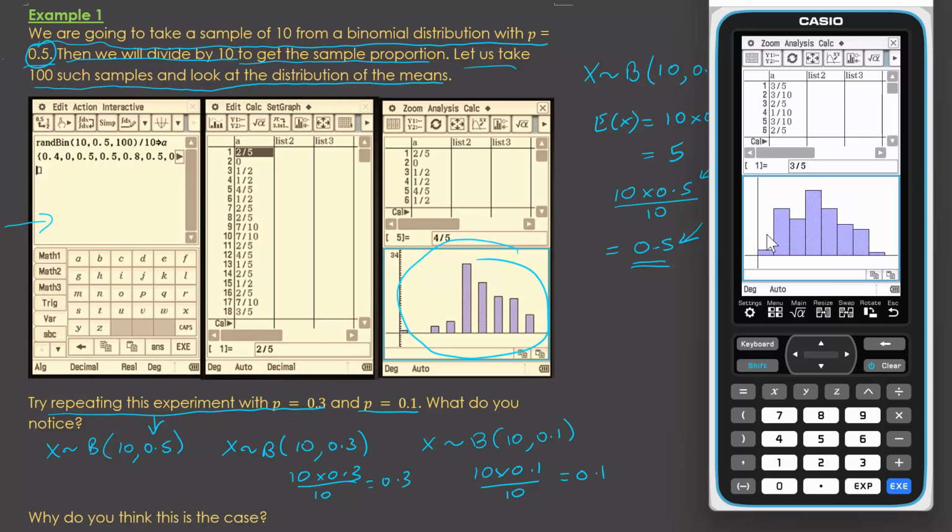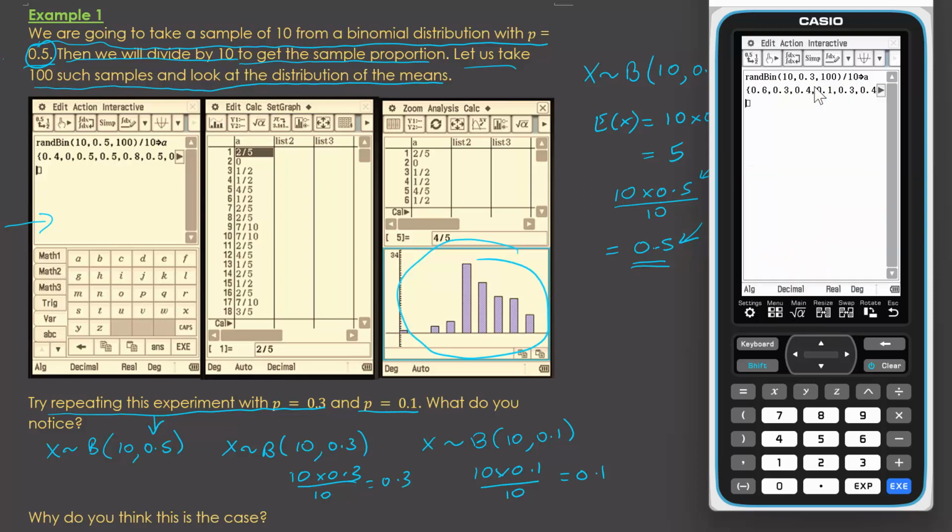And you can see, first of all, it looks less normal than the other samples, although this one wasn't that great. And 0.1, 0.2, 0.3, 0.4, the higher values are definitely down towards here, and we've got less at this end. Let's just try another one of those very quickly.